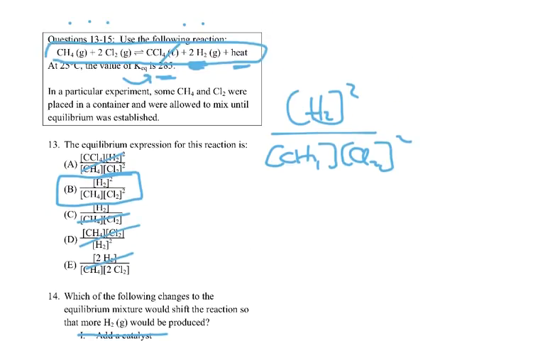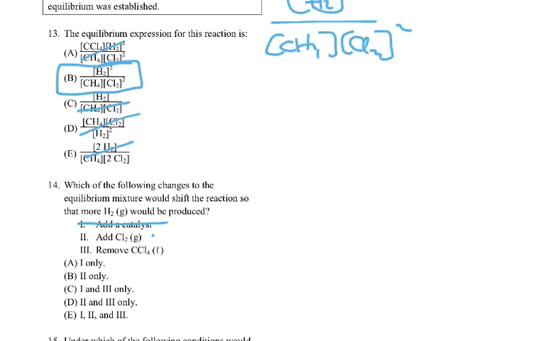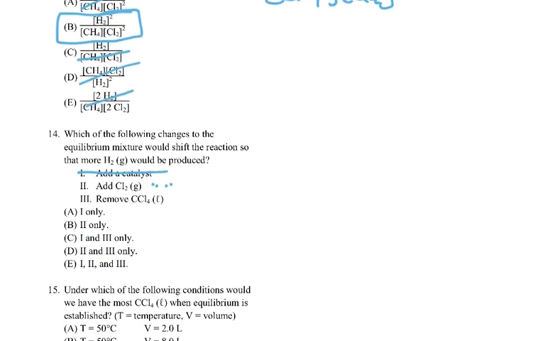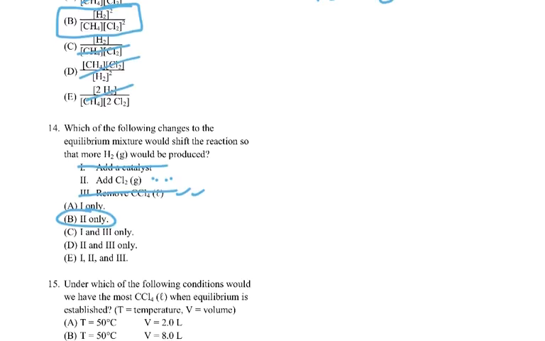Adding chlorine gas, chlorine gas is on the left, that would shift it to the right, so that is a good answer. And removing CCl4 liquid, again, removing a liquid will not change anything. If you add or remove a liquid, that does not change. So the answer is 2 only, answer B. Keep in mind, adding or removing a liquid does not change the equilibrium.